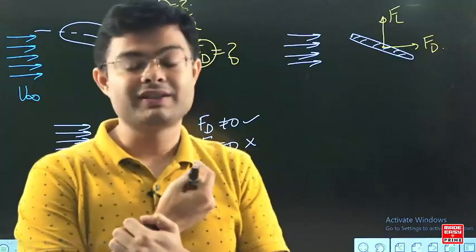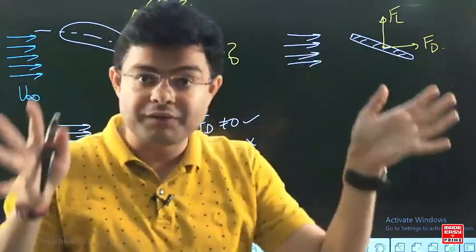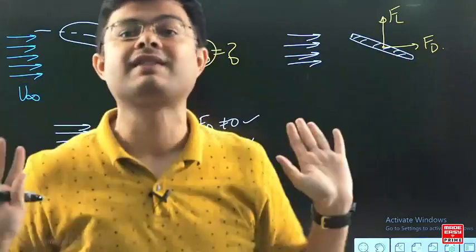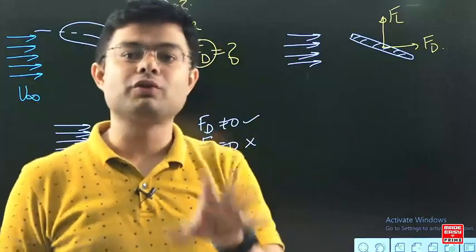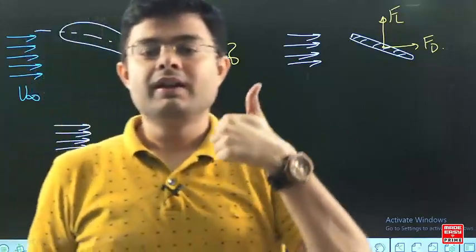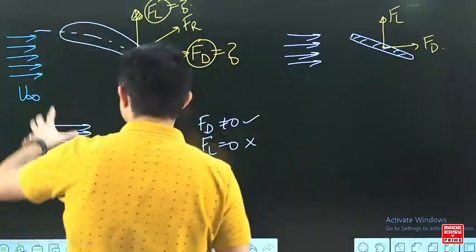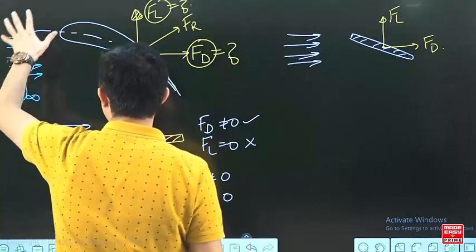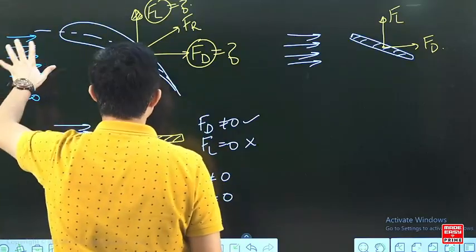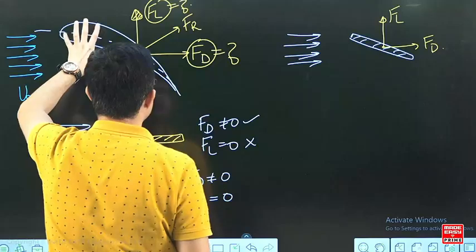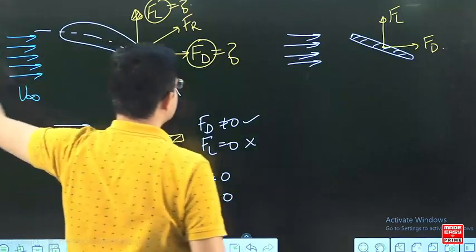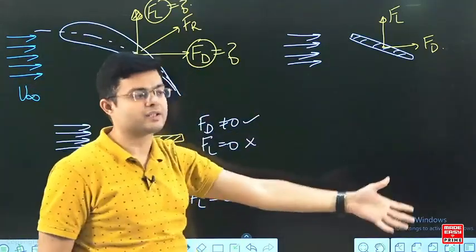So 2-3 things you need to take care of. Already 4 to 5 objective questions I have discussed. What are those objective questions? Number 1, when you keep a body in a moving fluid, or the fluid is at rest and the body is moving, there is a force generated in the direction of the flow, which is known as drag force.